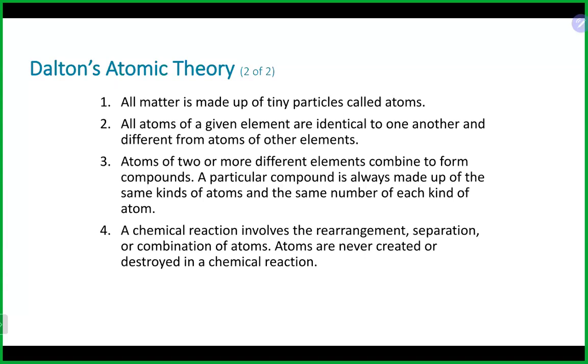He said that all atoms of a given element are identical to one another, and atoms of different elements are different from one another. Now, this is one of the things where Dalton's atomic theory is incorrect, and it's this part of it that all atoms of a given element are identical to each other.